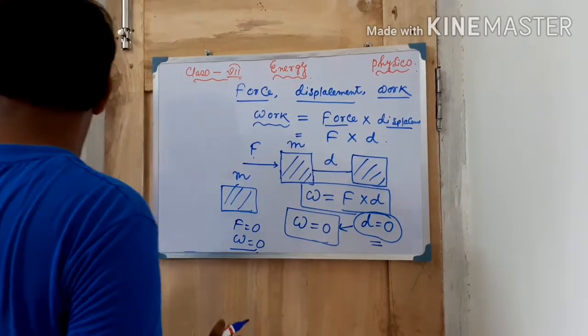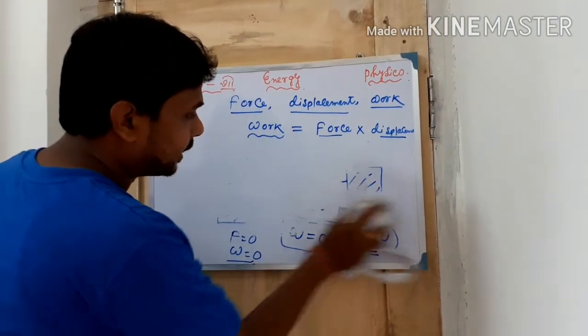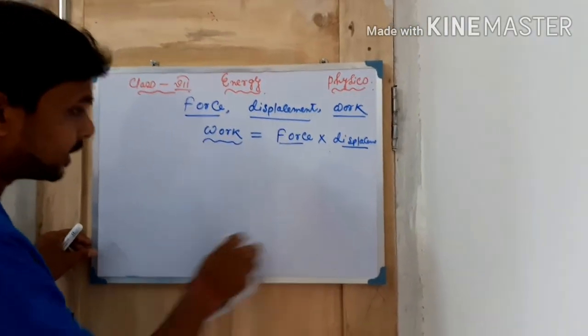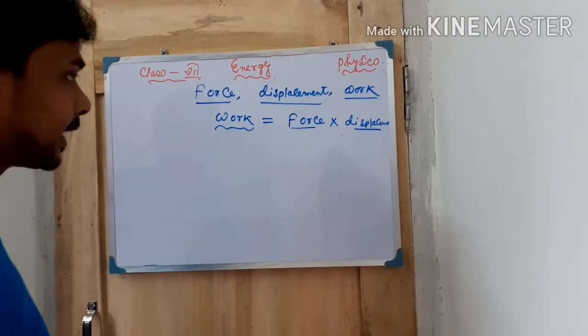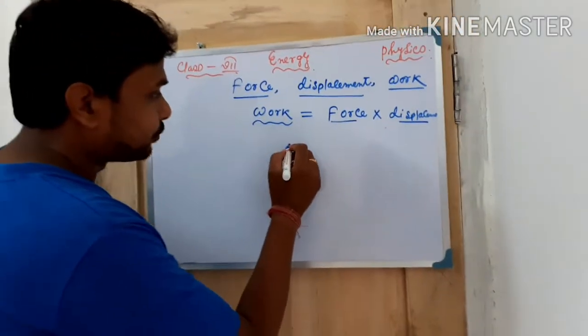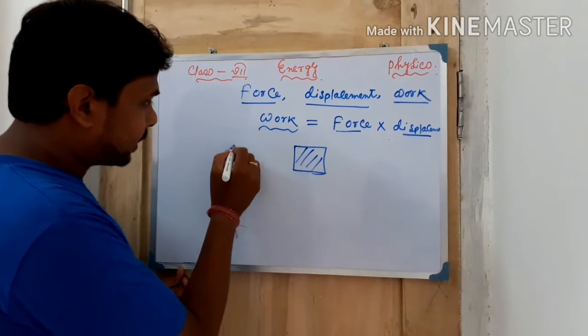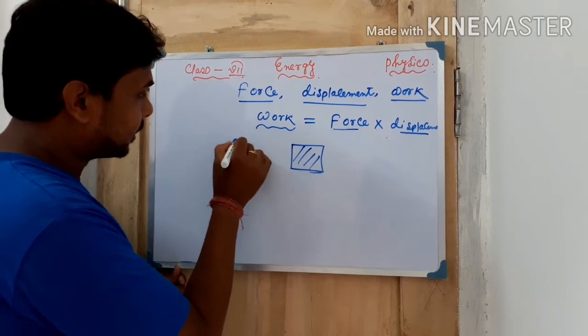Now what I am mainly telling you is how work and energy are related to each other. Suppose work has not been done, are you able to get any type of energy? Definitely you will get energy. Suppose one person is standing here.